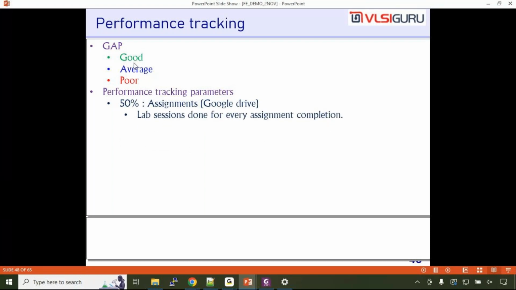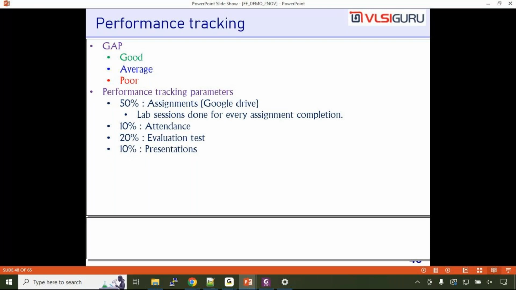For assignment completion there will be lab sessions. It's not like you have to do it alone, the trainer will guide you. 10% only for attendance. I won't even bother whether you are here or not. I'll only look at assignments, how well you do in the assignments. Then 20% for the evaluation test. Every month there will be an evaluation test for every topic. 10% for presentations.